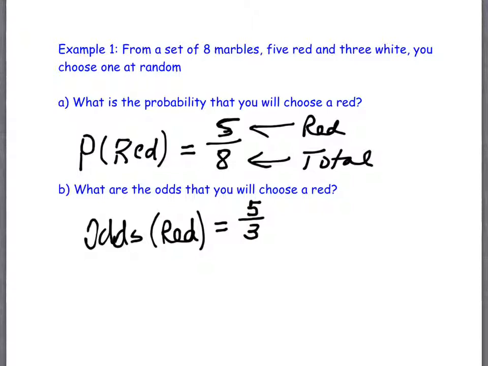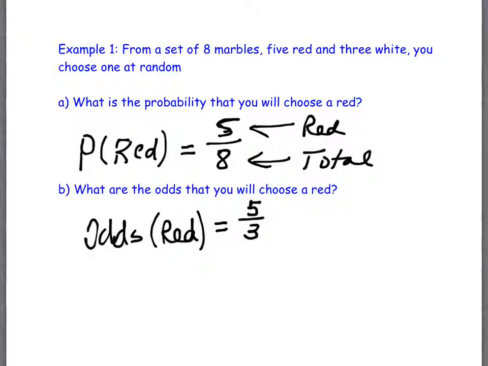When you compare a part to a whole, that's a probability. Odds is comparing a part to a part. So if you'll remember, we had an example where somebody was saying that the ratio of boys to girls in a class was 5 to 6, and the person was surprised there were only 11 kids in the class. Well, that was an odds question. 5 to 6 was actually a question of odds: 5 compared to 6 instead of 5 compared to the whole class. So we have seen this idea before.